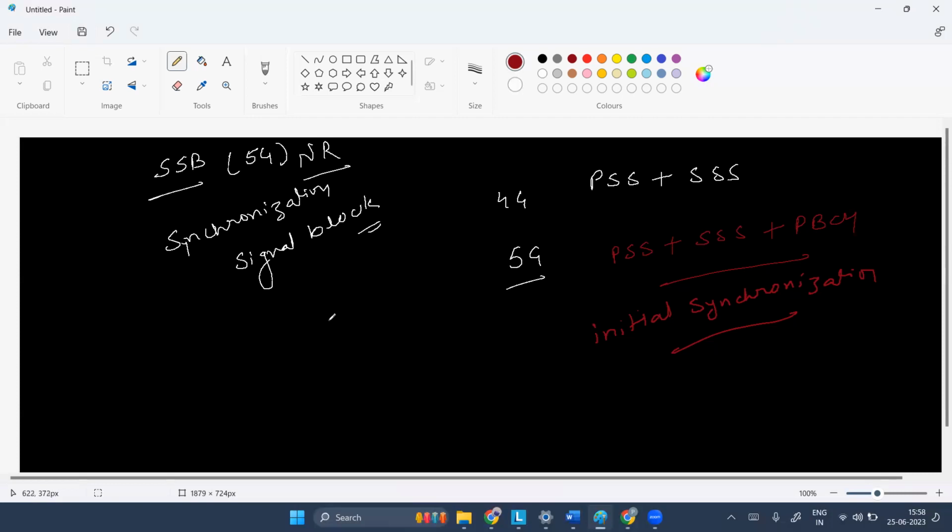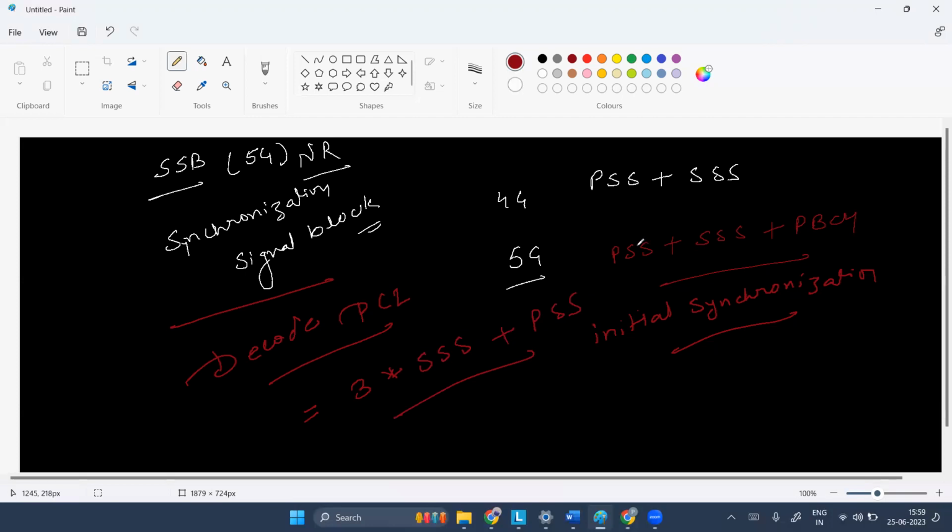Now, PSS and SSS in 5G NR, if we talk about the functionality, similar to LTE, are used to decode the PCI, the physical cell ID. So in LTE, we had the formula of 3 times the secondary cell group plus PSS, right?